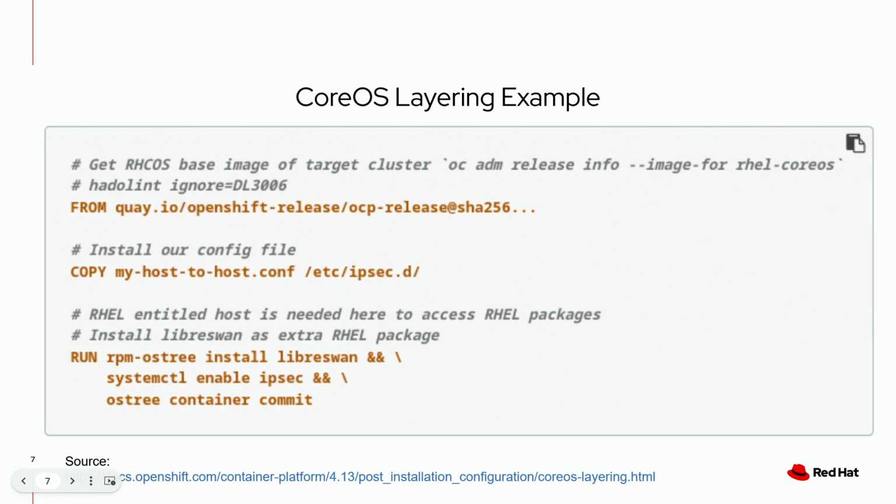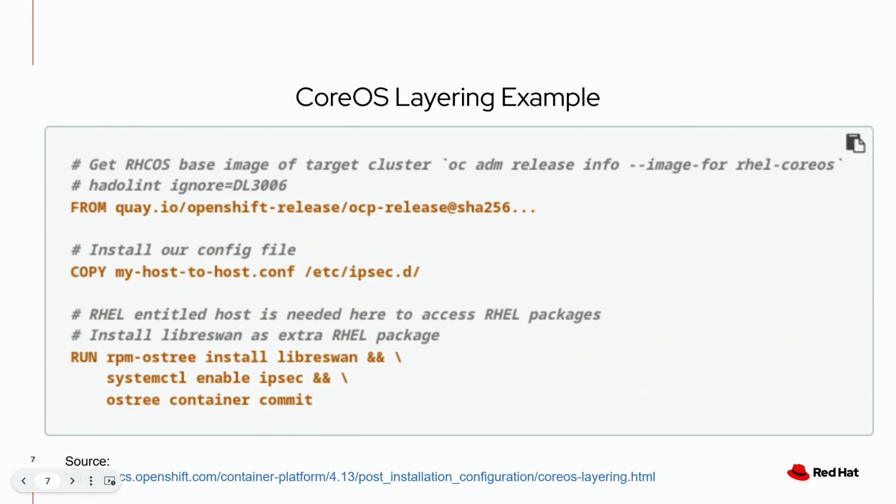Here's an example. I just copied it from the documentation. That was easy. In this example, you have a familiar container file or Dockerfile. At the top, we have FROM, and then quay.io, essentially a registry location. You can get that information from your cluster by running oc adm release info --image-for rhel-coreos, and it'll tell you where the location of that image is for your cluster.